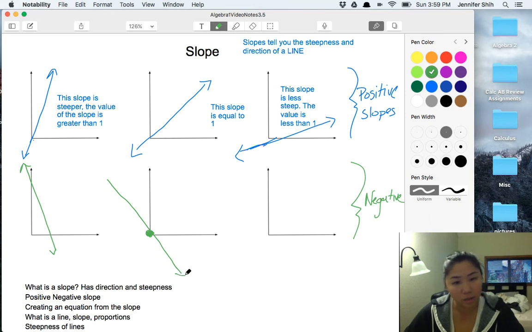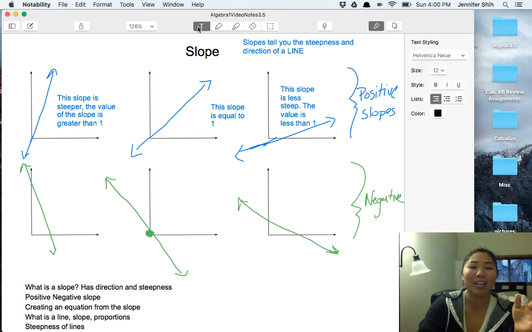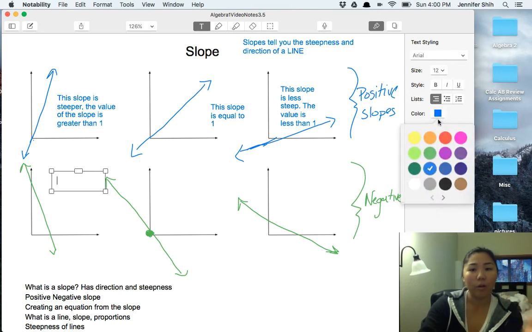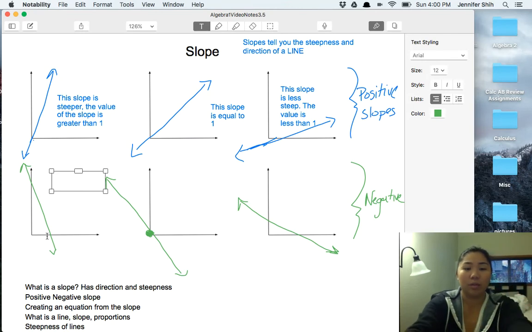And then we have something that looks like this. It's hard to make a straight line on your computer with this tablet. Okay, let's talk about this. All 3 of these green slopes are negative.